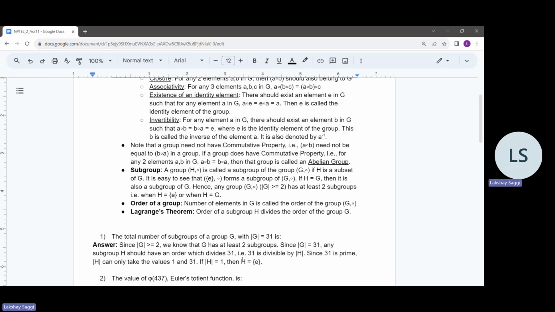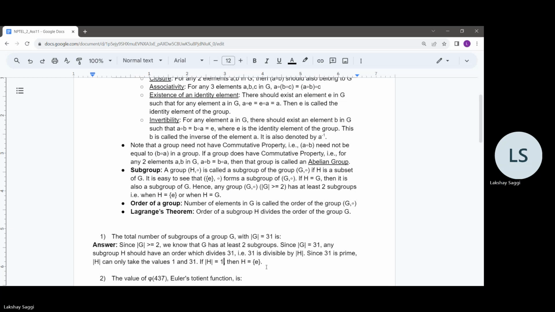It contains exactly the identity element itself and nothing more.